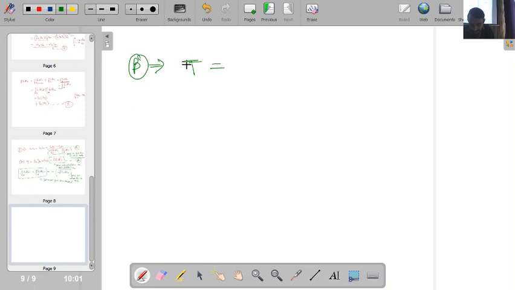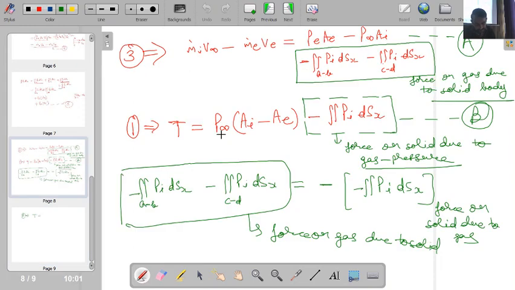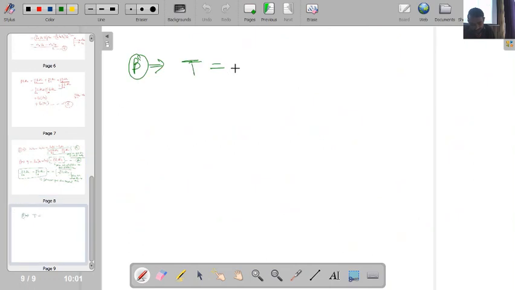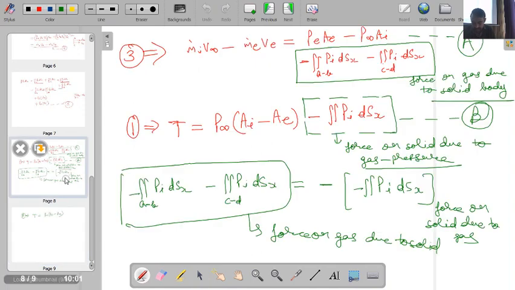T equals P infinity into (AI minus AE), and in place of this second term, I will write minus of this term. If I write minus of this term, that will become PE. Tell me what I will get.